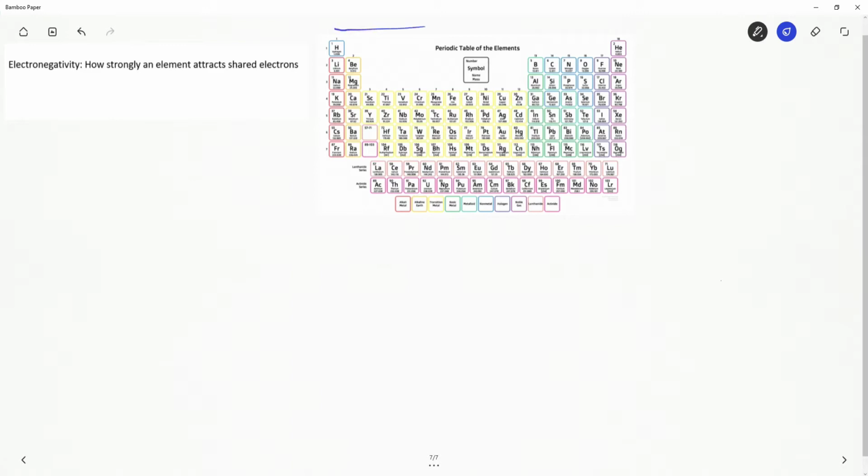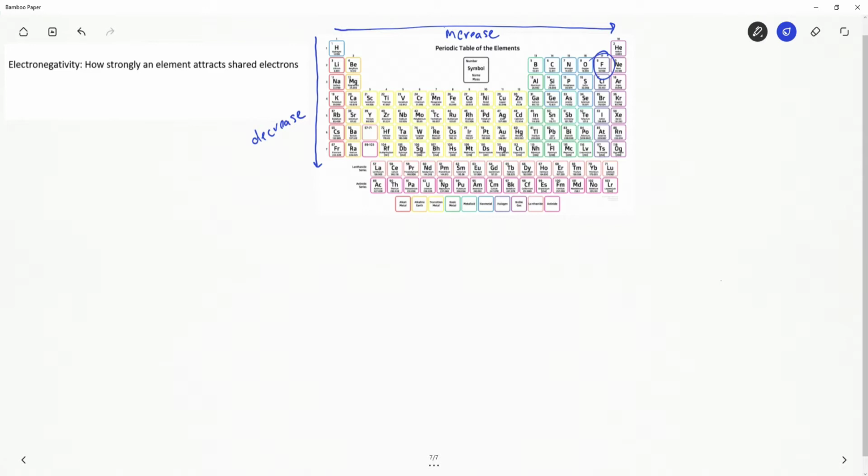Electronegativity will increase moving from left to right, and will decrease moving from top to bottom. One thing that helps me remember this trend is the most electronegative element on the periodic table is fluorine.